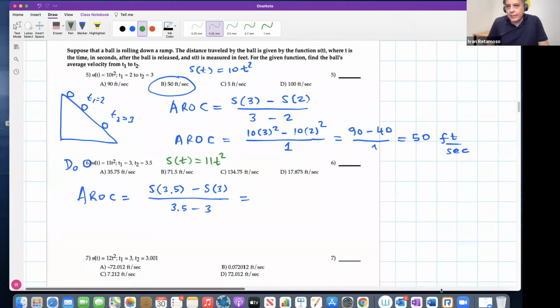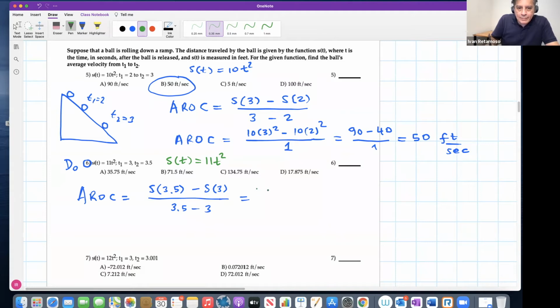Use your calculator or your Desmos scientific calculator. They are available in our website under the tab Desmos. Or use any scientific calculator of your choice. All right, let's do it together then.